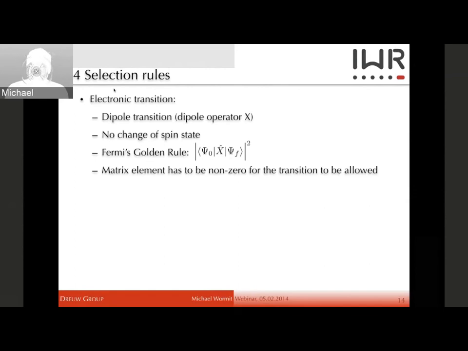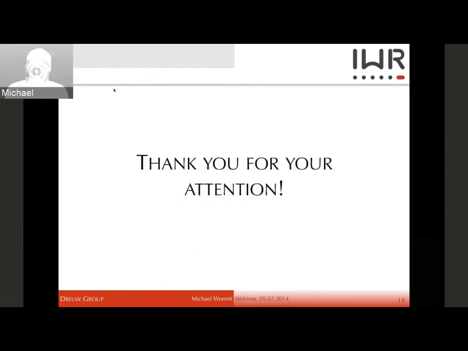Again, you use the irreducible representations of these two states and of the operator, and you can already see from the product table of the point group symmetry, for example, whether this matrix element is allowed or not. And this is, I think, more or less all I wanted to say.